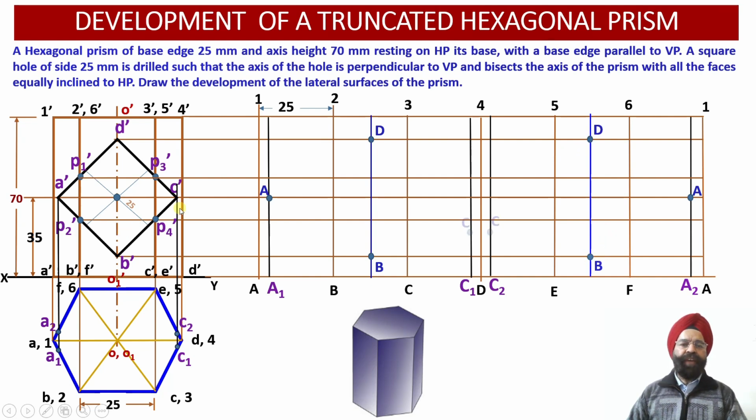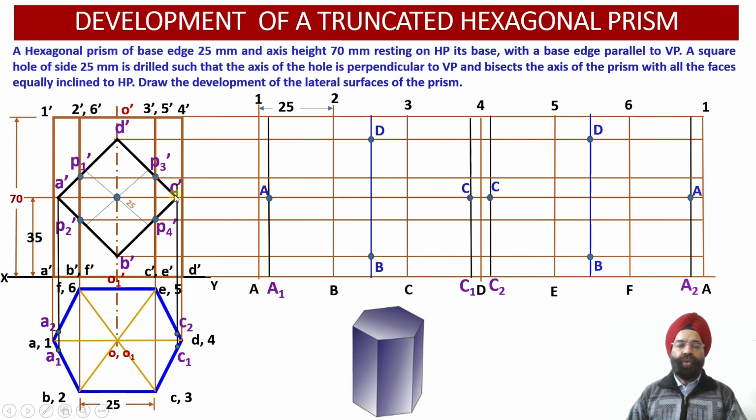Now the next point of intersection we are going to obtain corresponds to the corner point C dash over here. We know that point C dash does not lie onto any given vertical projector line of the hexagonal prism. So we have obtained 2 projector points over here. One is C1 corresponding to the front face. One is point C2 corresponding to the rear face of the solid. We have drawn 2 vertical projector lines through C1 and C2.